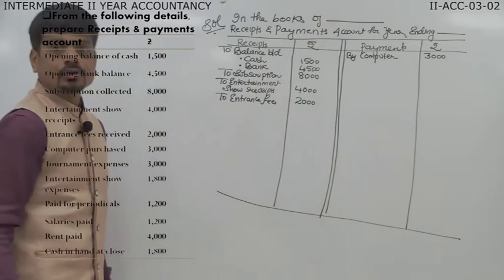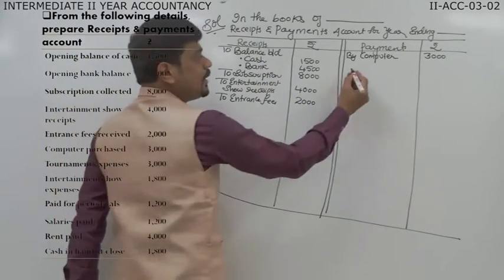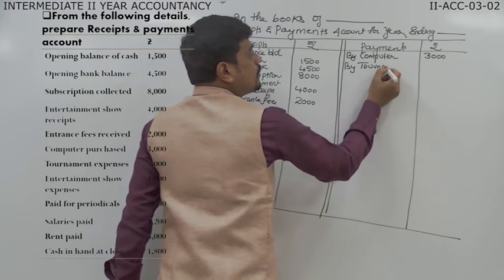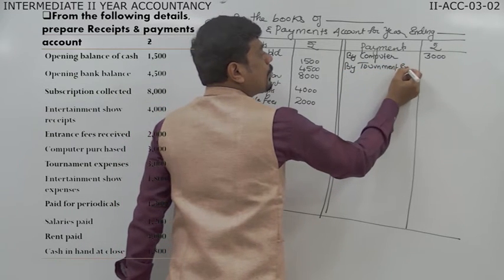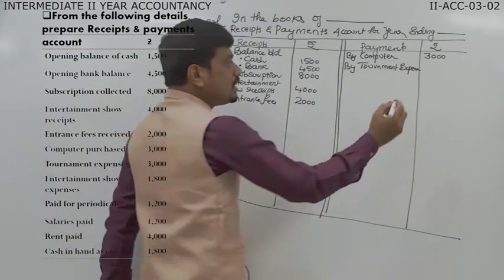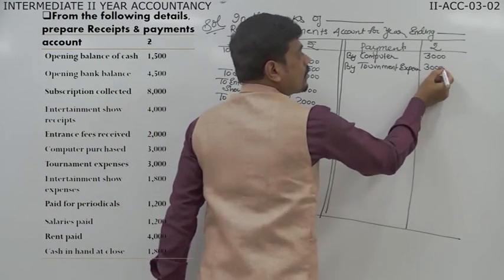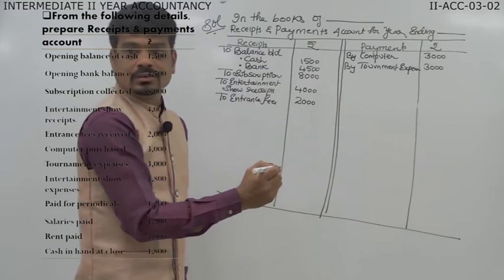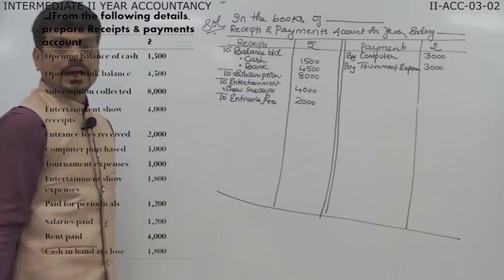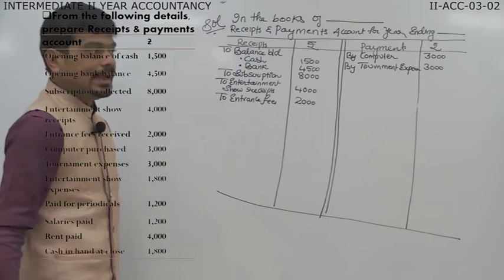Followed by tournament expense. Expenses are payments. So by tournament expense, which amounts to rupees 3000. Sorry, tournament expense 3,000, yes. Followed by entertainment show expense.